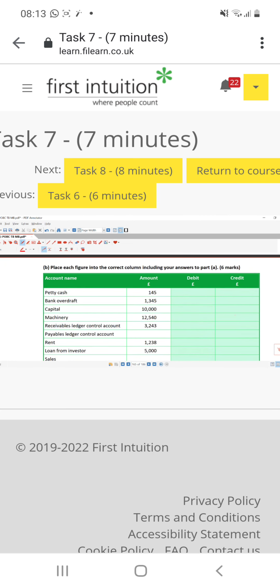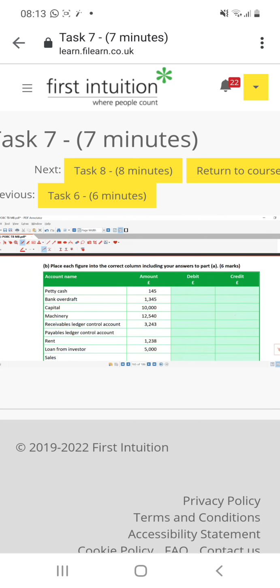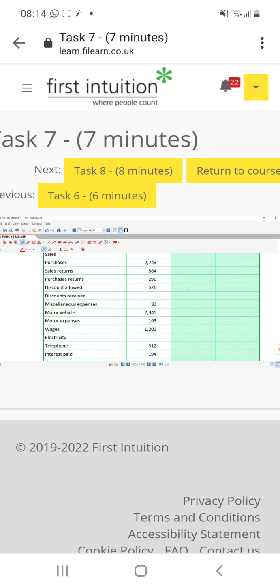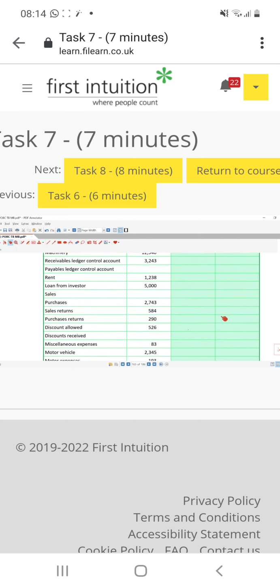And all that they wanted us to then do, using that information, is place each figure into the correct column using your answers. So this isn't just for the ones that we have just been doing, but for all of these accounts. So for petty cash, which is an asset, we know, remember in our principles of double entry, will be on the debit side.